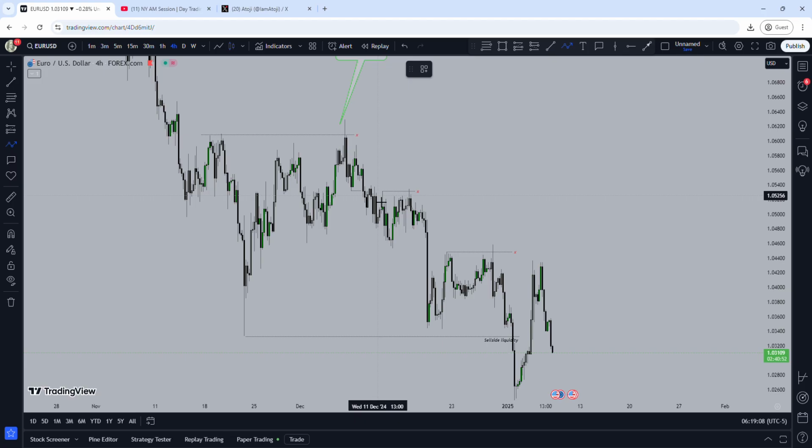Why? Because price swept and came down and then did this, created another one and swept and displaced, and it goes on. This as well.